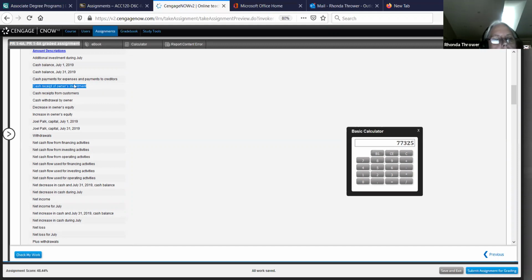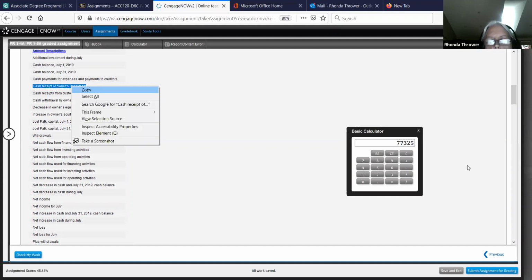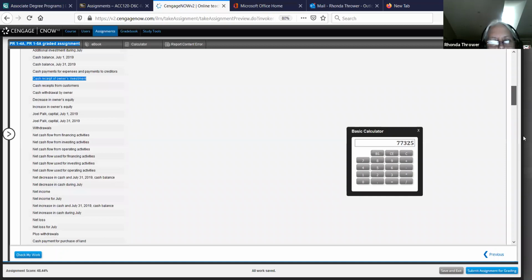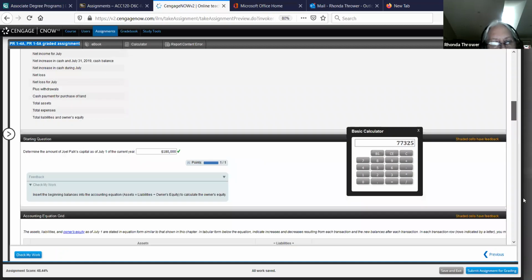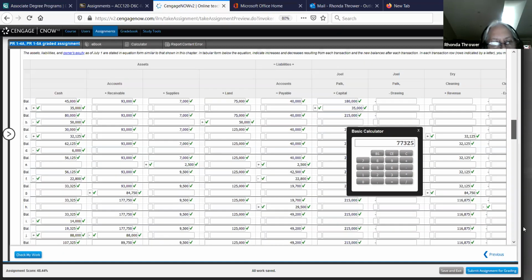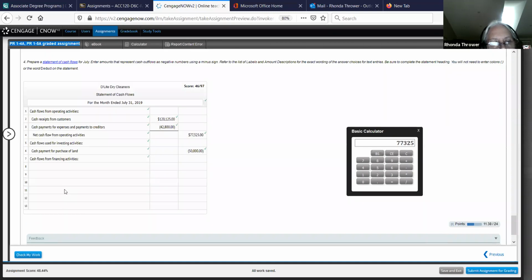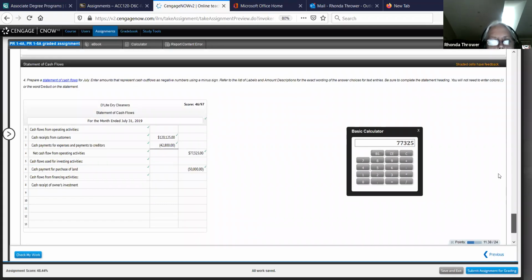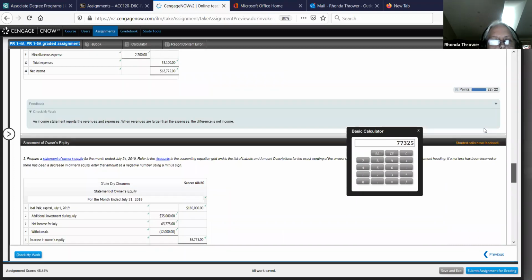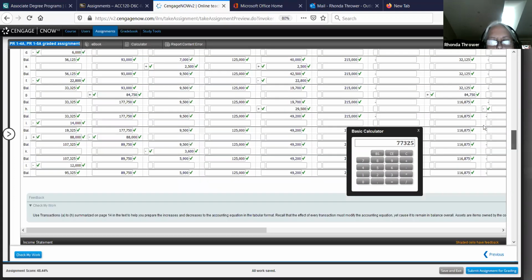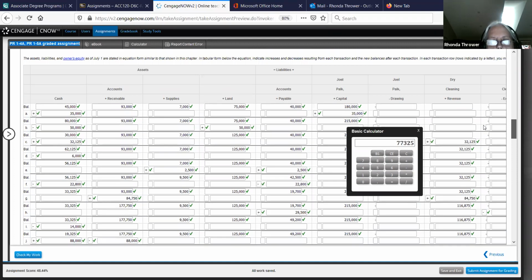And the cash receipt for the owner's investment is what I would choose to go there. And the amount of that cash that we received from the owner's investment came from transaction A. It was $35,000.